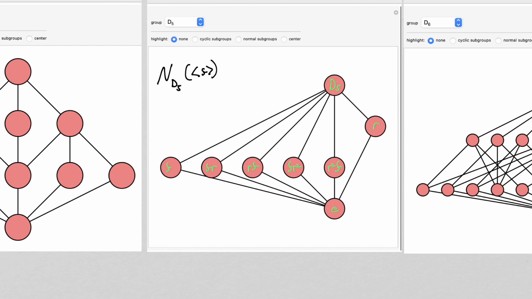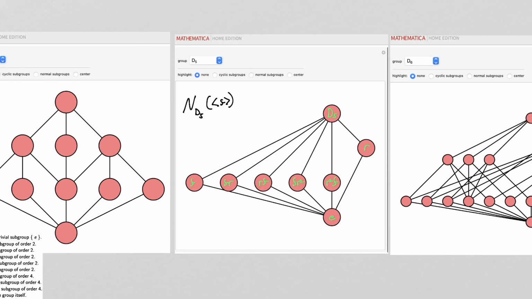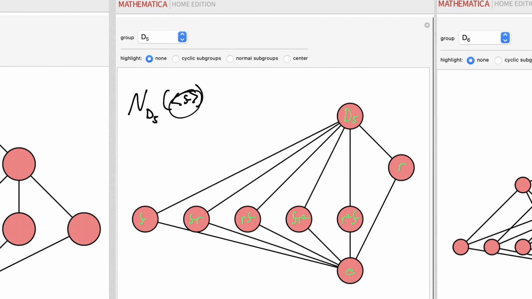There's actually a couple definitions floating around. For example, there's one definition of the normalizer that doesn't demand that this be a subgroup.